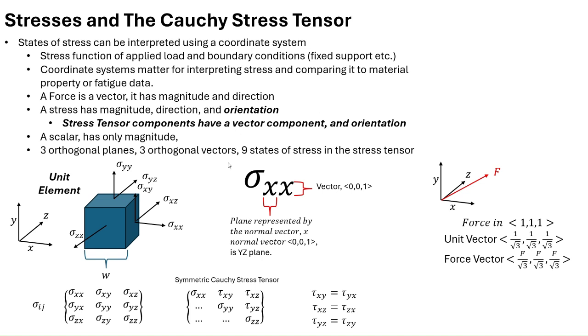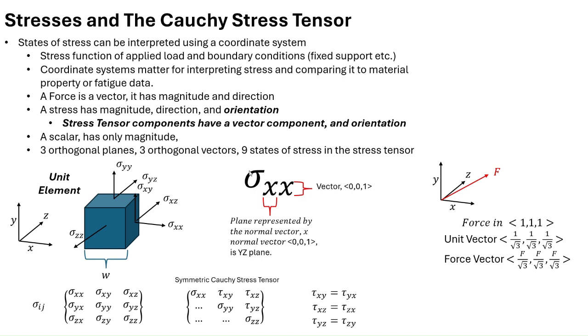So this would be a plane defined by the normal vector in the x direction, which, if shown here, is a plane defined by 001, which is the yz plane. The next subscript is the force vector. So this x would be a force vector in the 001 direction.